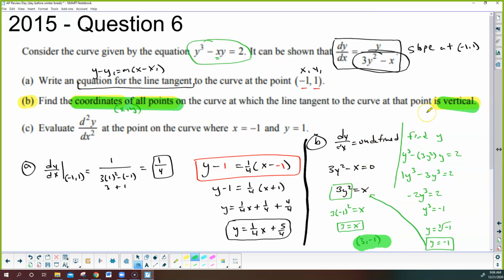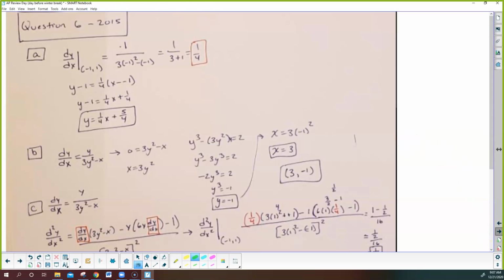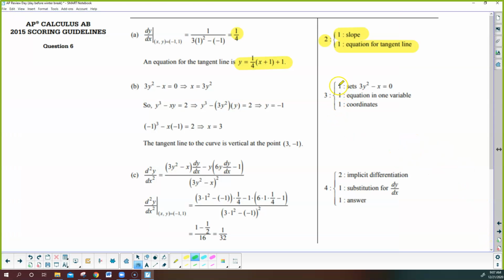Okay. Now, that was worth probably 2 points as well. We can do a quick check here. Actually, as I worked, that one was worth 3 points. If you were to just set the denominator equal to 0, even if you solved it wrong, you got 1 point for setting the denominator of dy/dx equal to 0. And if you got the relationship, it says the equation in one variable.